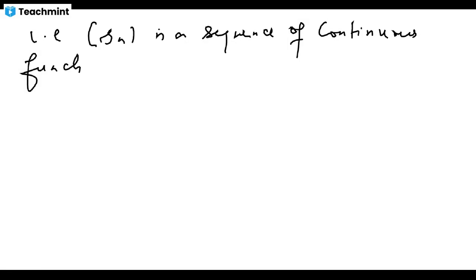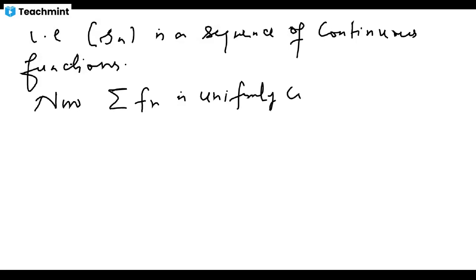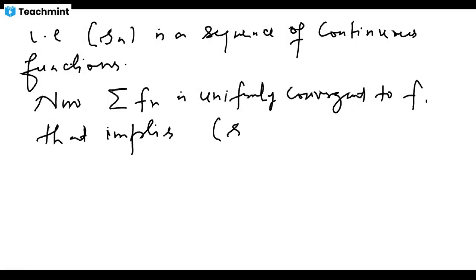Now, according to the hypothesis, this series f_n is uniformly convergent to the function f. By the definition of uniform convergence of a series, the series is convergent if and only if the sequence of partial sums is convergent. That implies that this sequence of partial sums S_n is uniformly convergent to the function f.